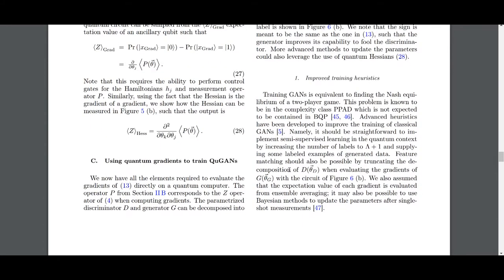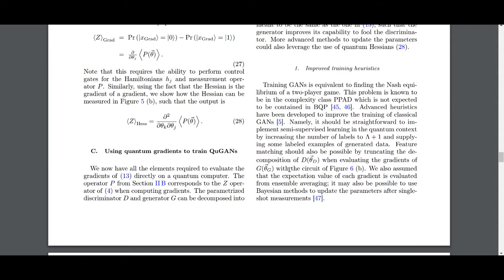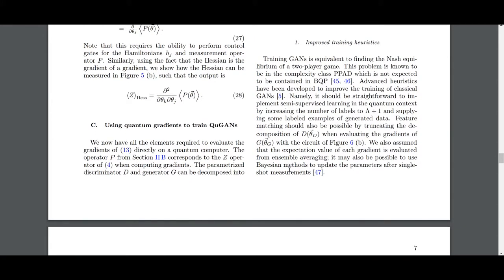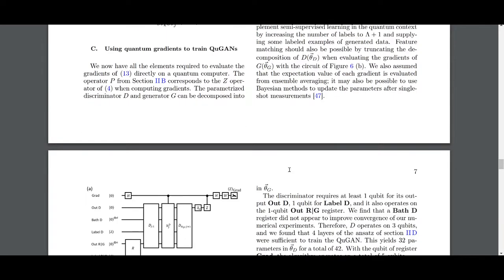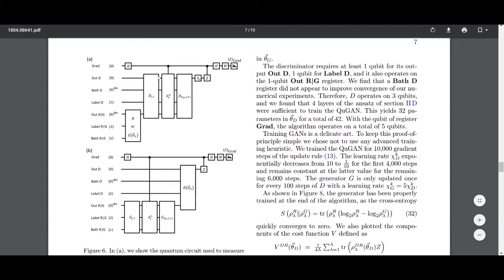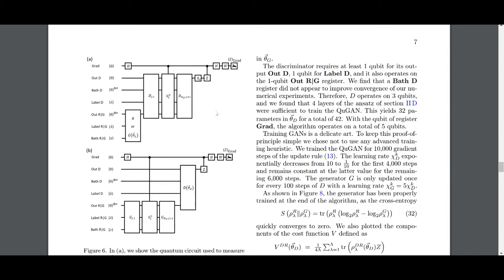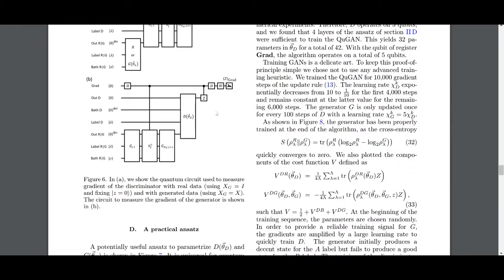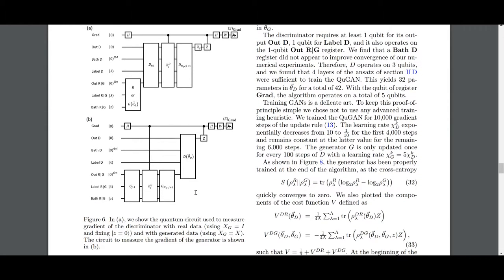We also have the expectation value of each criterion evaluated from ensemble averaging. It may also be possible to use Bayesian methods to update parameters after single shot measurements. Basically what it's saying is you just have to run that through many times to get the gradient. We show the quantum circuit used to measure the gradient of the discriminator with real data using X_G.